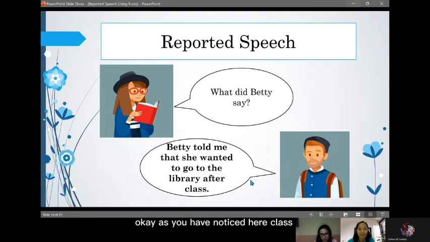Okay, as you have noticed here, class, the reported speech looks a bit different than the previous reported speeches. So what do you think is the change in this reported speech, and what is its difference from the previous reported speech that we have tackled?